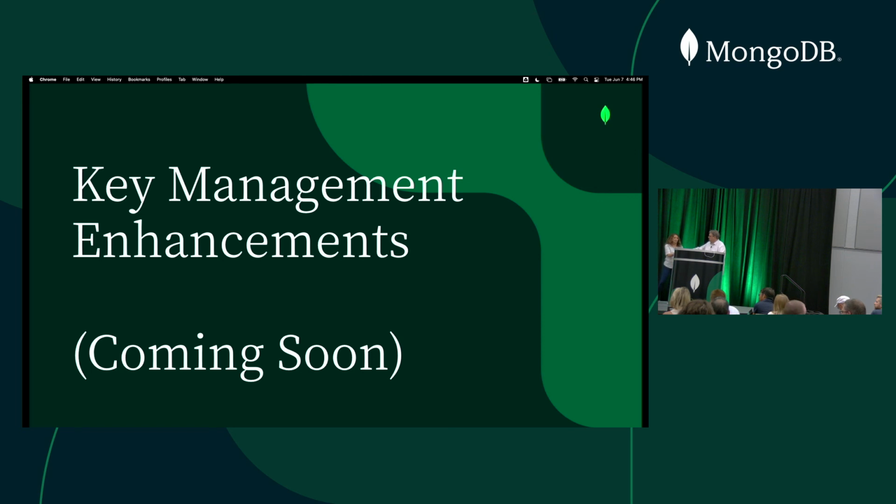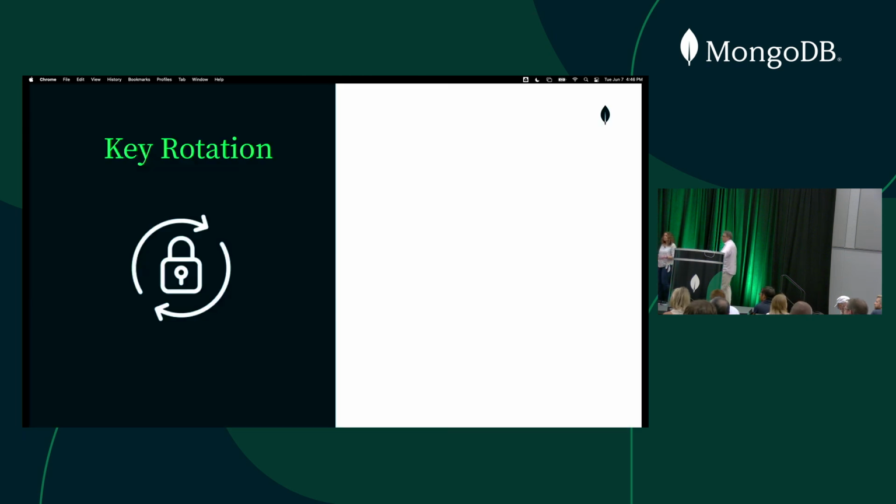Sure. As Ken said, coming soon, key rotation. Right now, if you rotate your keys in your AWS KMS, any keys created after that are protected by the new AWS KMS key, but the existing keys are still protected by your old key.